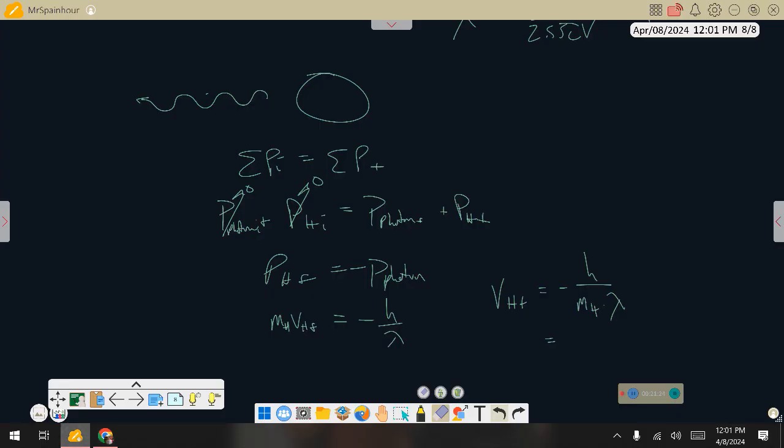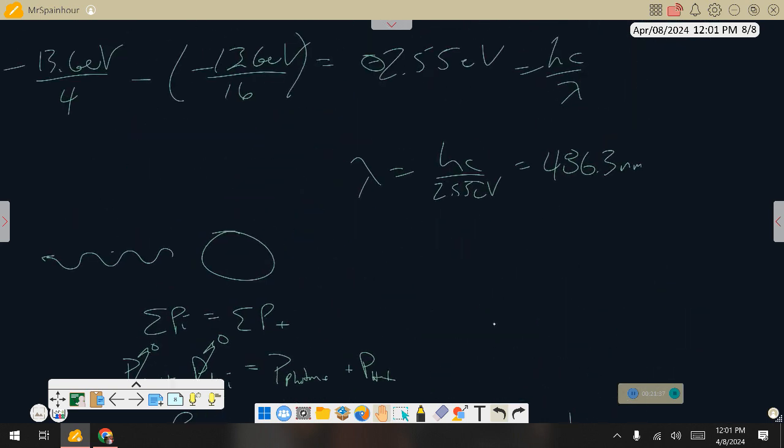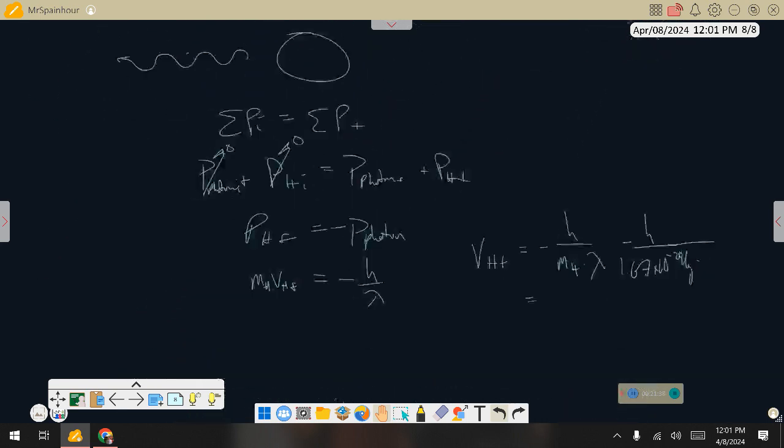So you should take h, which of course is a constant, divided by 1.67 times 10 to the negative 27 kilograms, times the wavelength, which we calculated just a minute ago on part A, is 486.3 nanometers for me anyway. That's the wavelength?